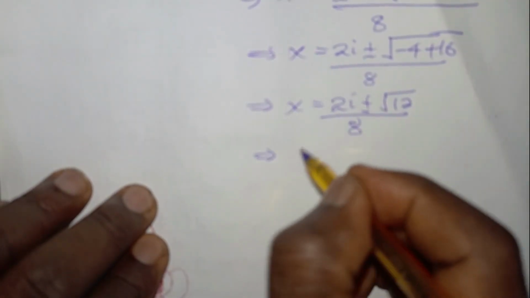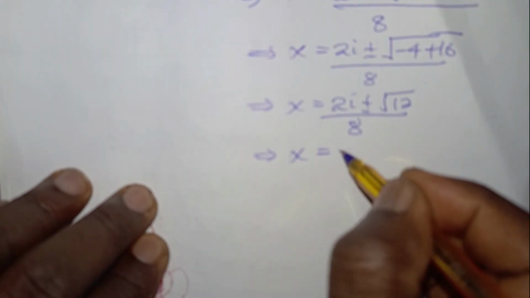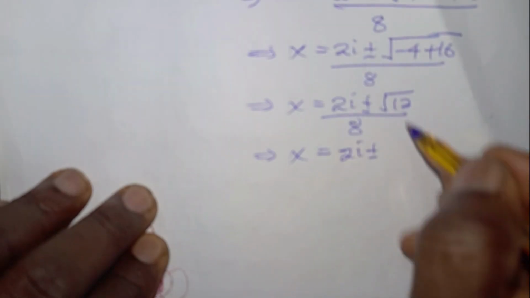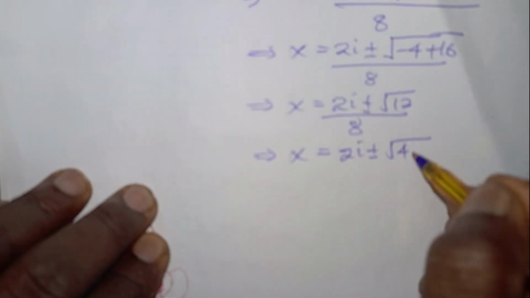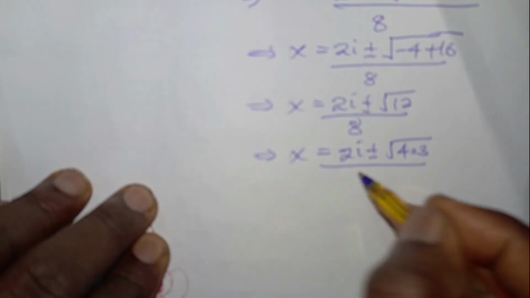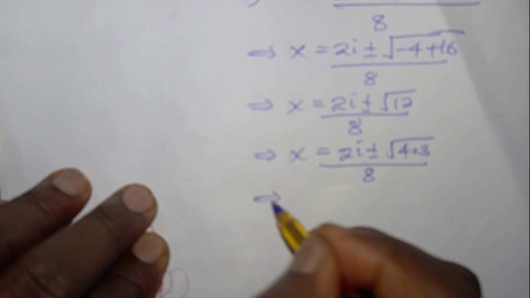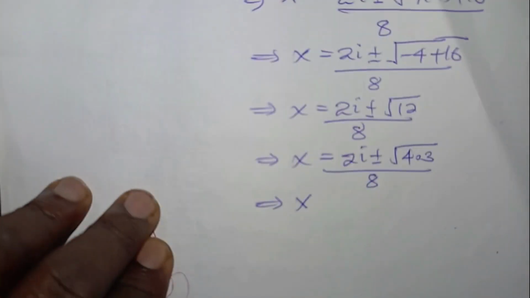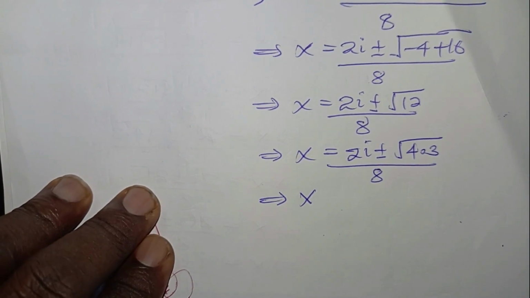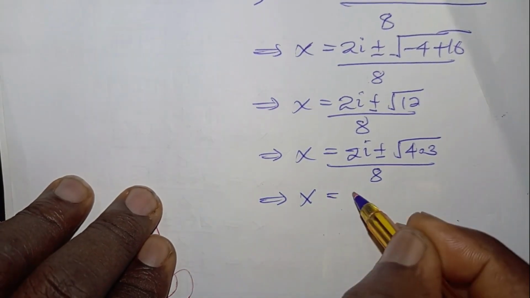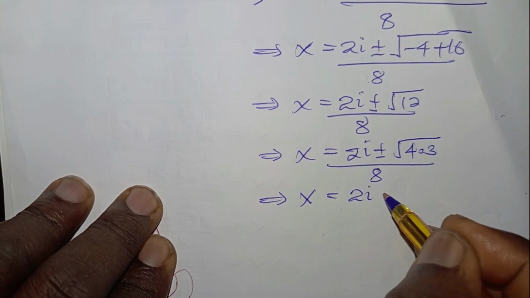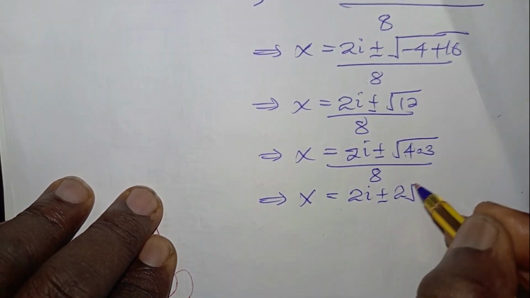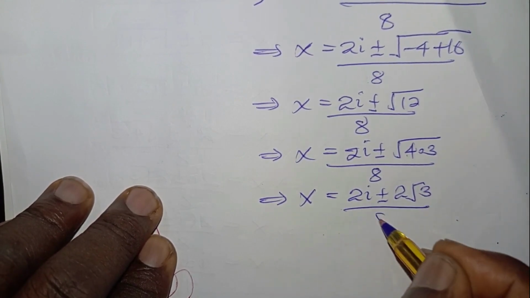This implies x is equal to 2i plus or minus, 12 is the same as 4 times 3, divided by 8. So x is equal to 2i plus or minus square root of 4, which gives us 2 root 3, all over 8.